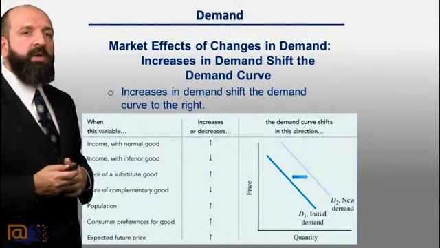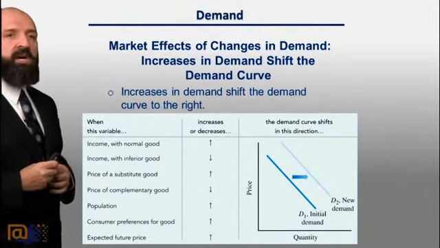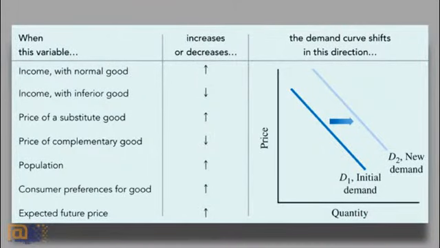To recap, all these factors would shift out the demand curve to the right. An increase in income is good news for a normal good. For an inferior good, it actually would shift the demand curve inward. So for the inferior good, the drop in income will increase demand.